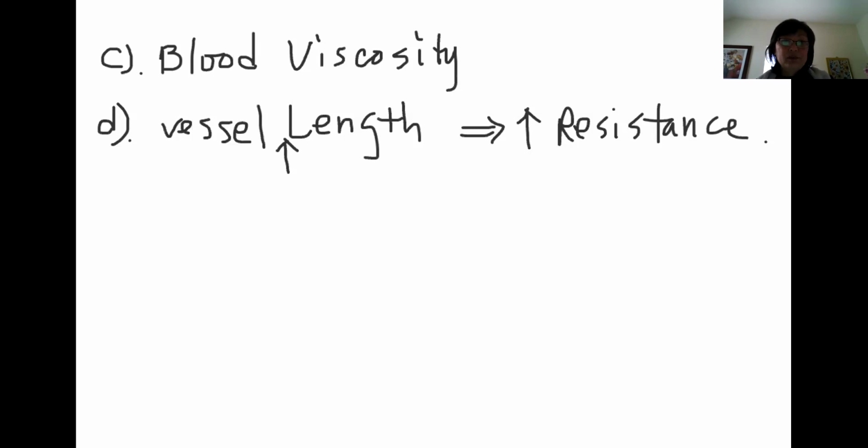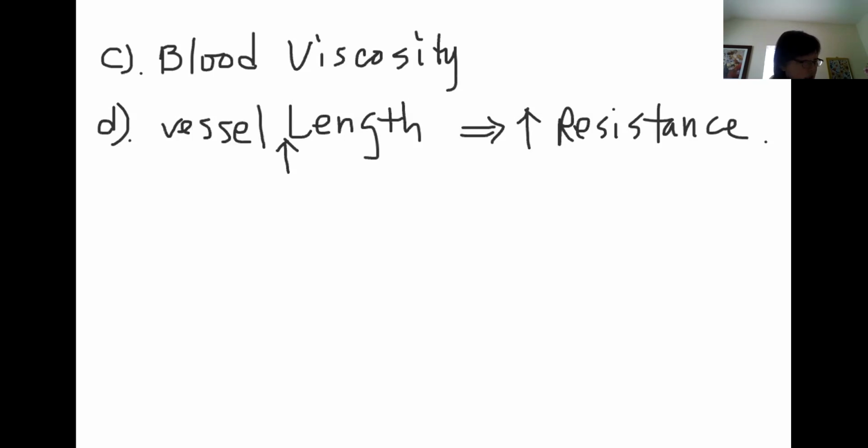So the longer the vessel length, the higher the resistance, then the higher pressure to maintain the flow. So this is why higher blood pressure is a common problem associated with obesity.